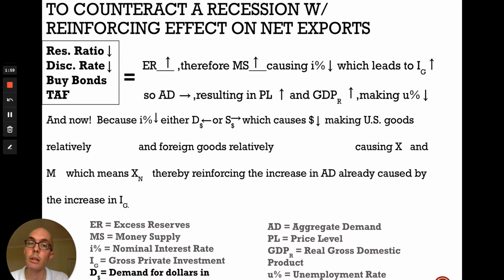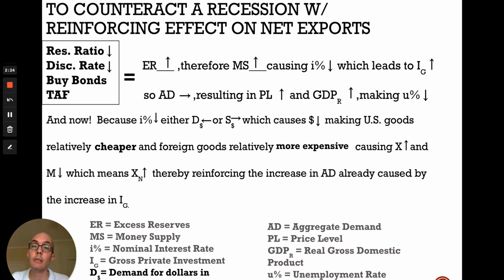The dollar depreciates, goes down in value, making U.S. goods relatively cheaper for everyone outside of the U.S. and foreign goods relatively more expensive for people inside the U.S., causing exports to increase, imports to decrease, and then net exports would increase because X is going up, M is going down, and net exports is X minus M. So it reinforces the increase in AD.